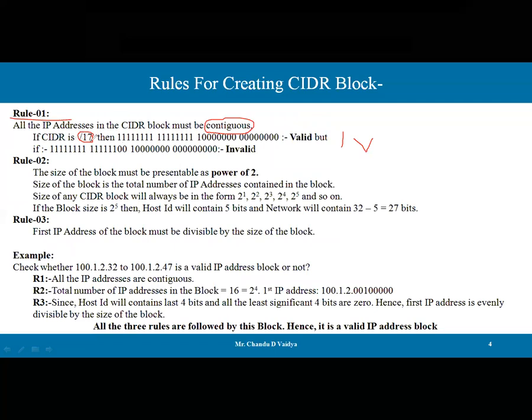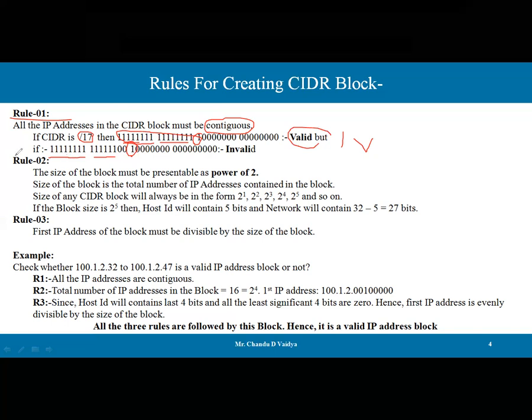So if I have /17, that is 8 plus 8 is 16 plus 1, a total of 17 bits on and the rest off, and this is valid. But if you have, say, 8 ones, then 6 zeros, then 1, then 0 0, and then 1, this is not valid. So our first rule is that the addresses in the CIDR block must be contiguous, because we need to calculate the subnet portion and the subnet mask.